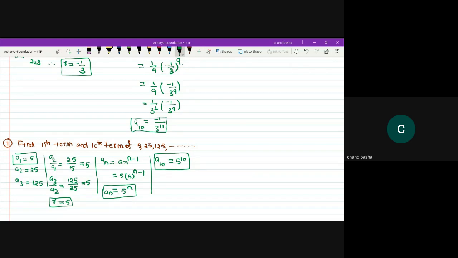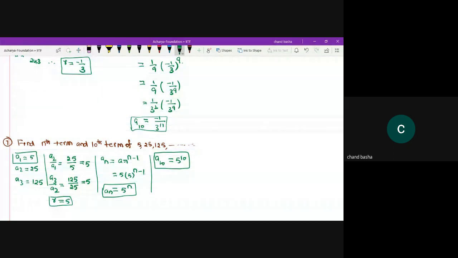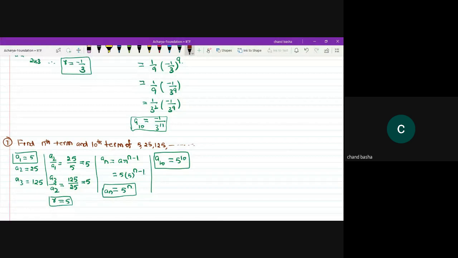Next problem. Eight. 5 divided by 2, 5 divided by 4, 5 divided by 8, and so on.